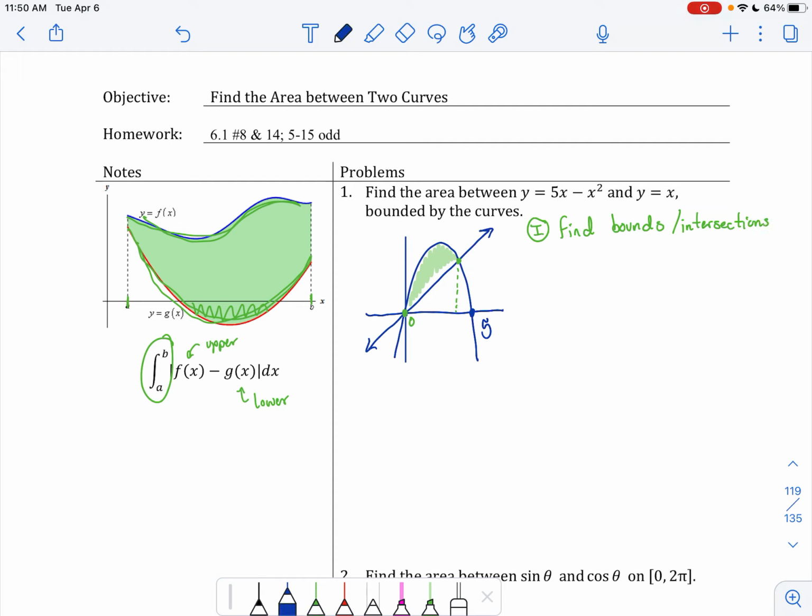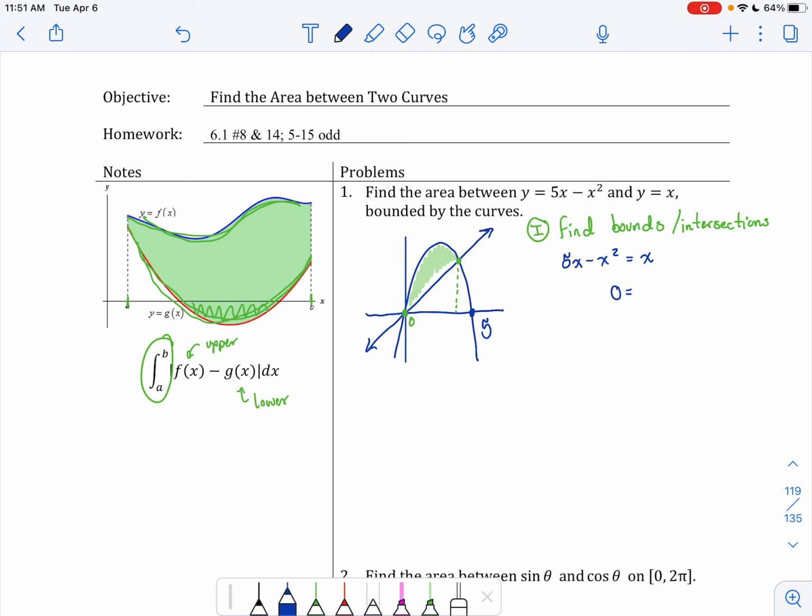Now, if you remember to find intersections, what you want to do is set the equations equal to each other. So in this case, 5x minus x squared is equal to x. Now, it is a quadratic, so I'm going to set them equal to 0 and factor.